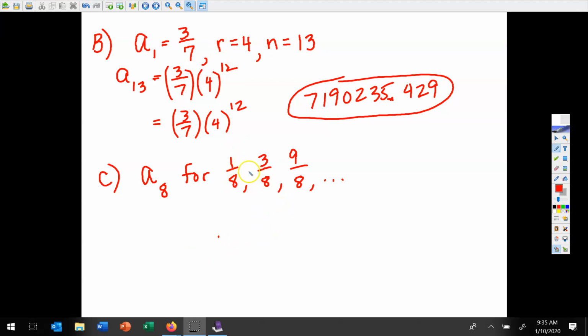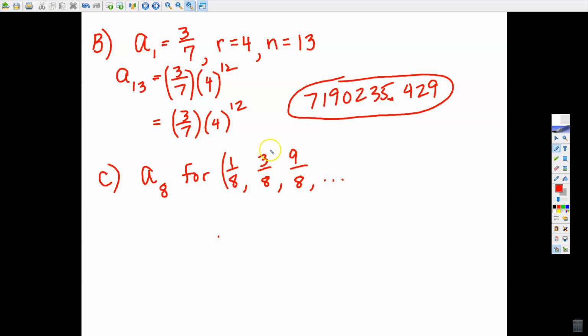It's probably pretty obvious that you're multiplying by 3, but if it's not obvious to you, and you know it's a geometric sequence, you can find r by pairing these up, like these first two, and always do the second within the pair divided by the one before it. 3/8 divided by 1/8 is the same thing as 3/8 times 8, so 3 is the common ratio.